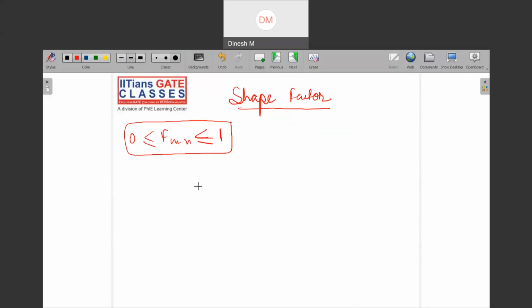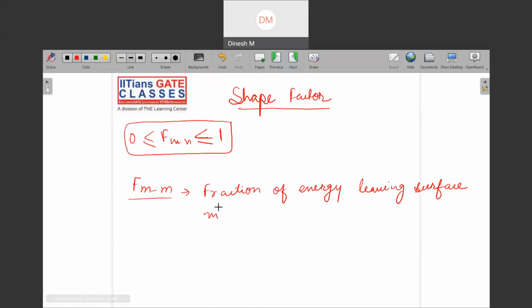There is one more case that we will study here: there can be instances where there can be Fmm. What does it mean? That fraction of energy leaving surface M and reaching the surface M itself.